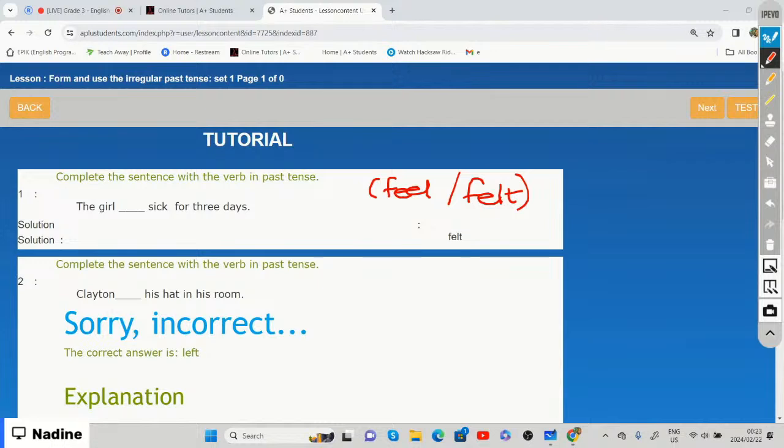What is the correct tense? All right, and since it's the irregular past tense form, we can say that the girl felt sick for 3 days.